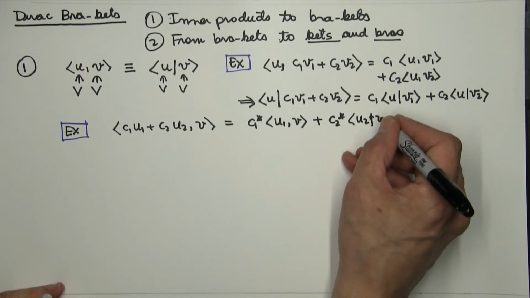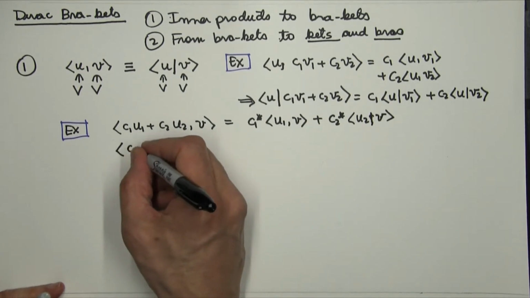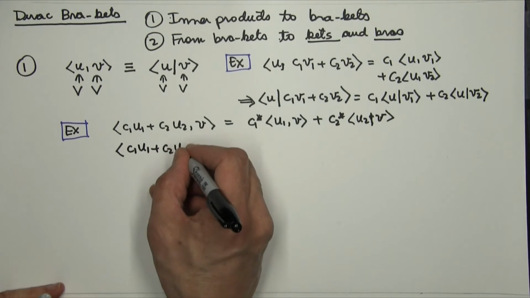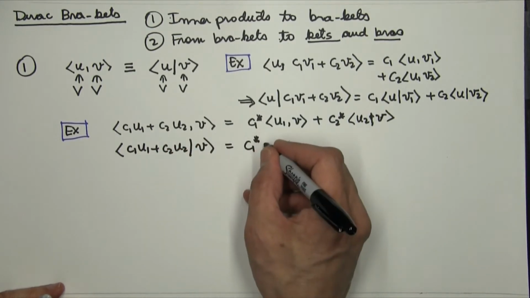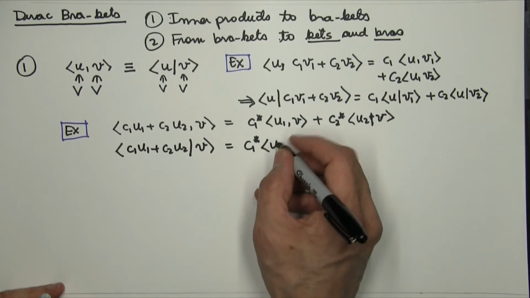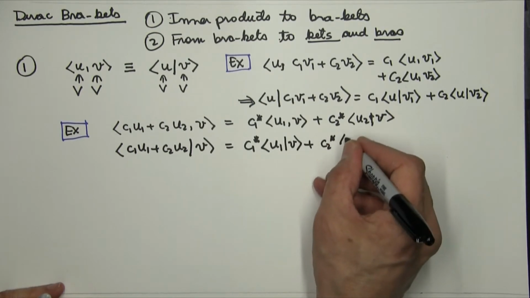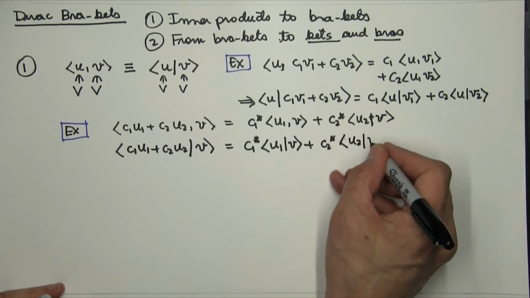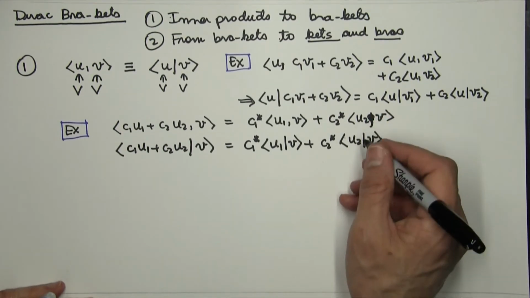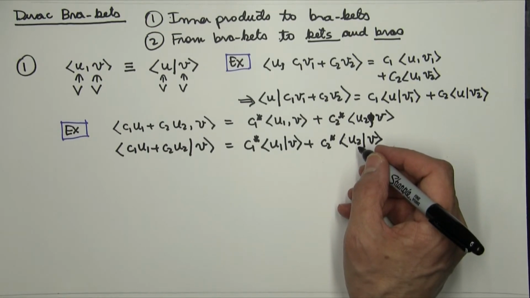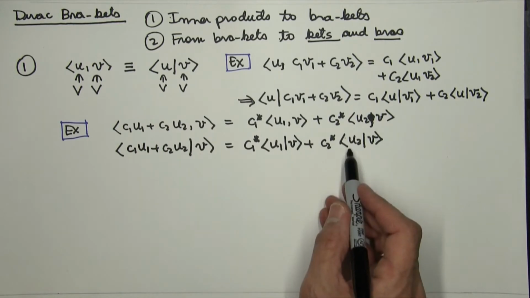So in bracket notation, you would write <C1 U1 plus C2 U2|V> equals C1 star <U1|V> plus C2 star <U2|V>. So this is how the property that you're familiar with looks with bras and kets.